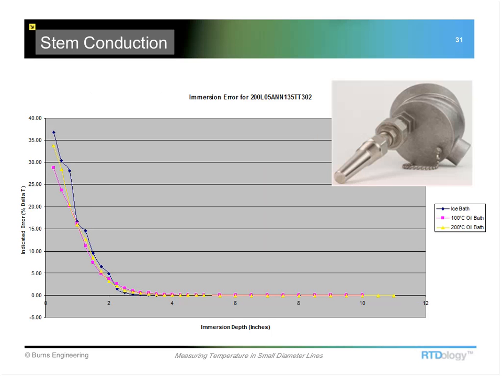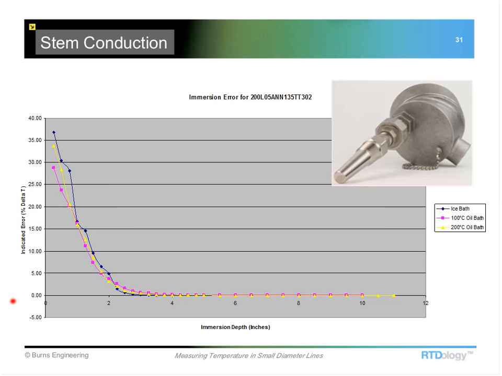looking at a typical RTD Thermowell assembly here, and this is the stem conduction. This is expressed as a percentage of the delta T, because the larger the temperature difference between your process and the ambient conditions, the greater the potential for a significant stem conduction error.